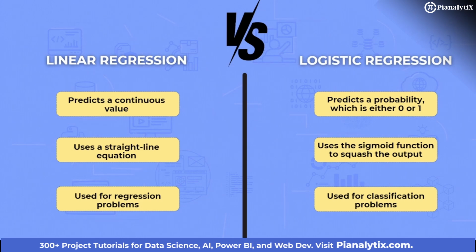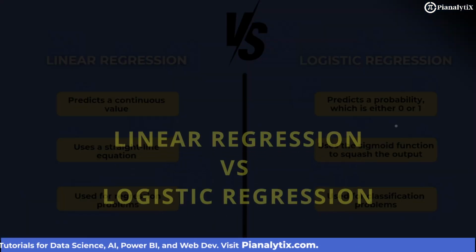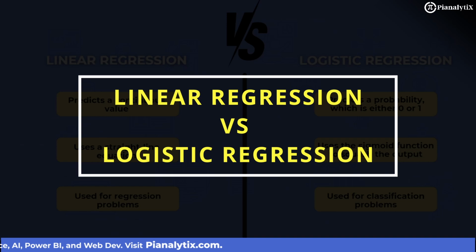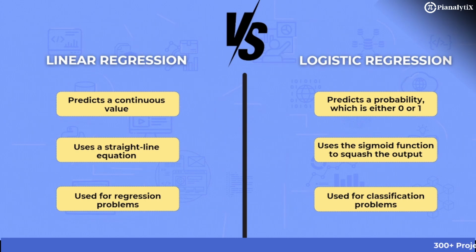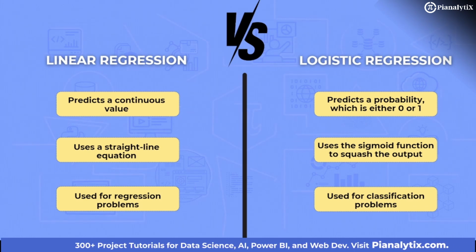Now, let's see the difference between linear versus logistic regression. We are going to compare linear regression and logistic regression to clarify when to use each. First, linear regression predicts a continuous value. For example, it might predict a house price like $250,000.